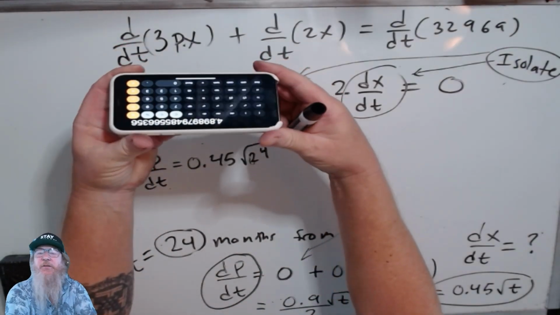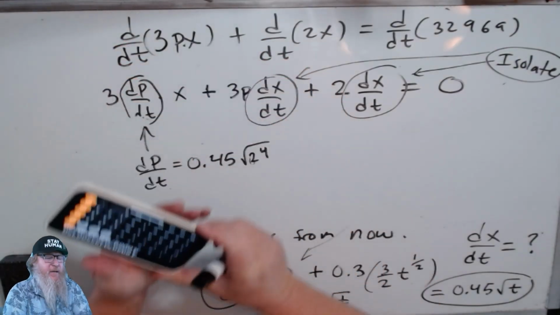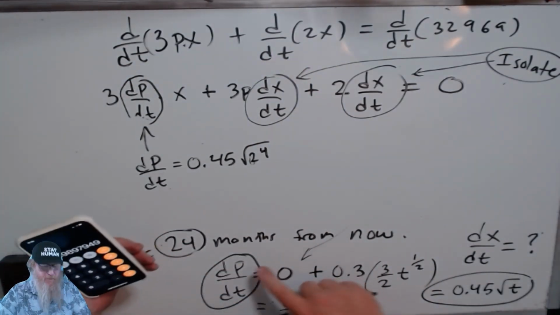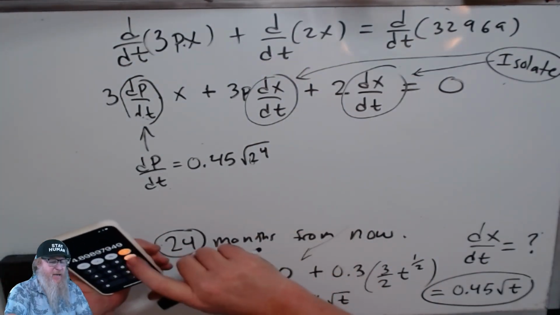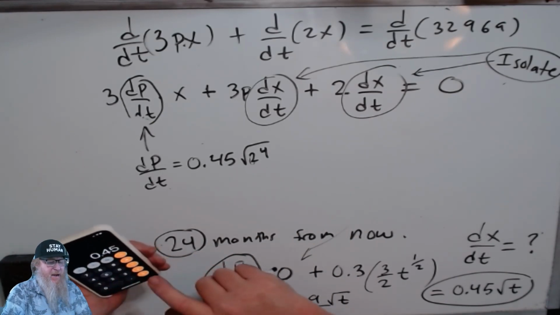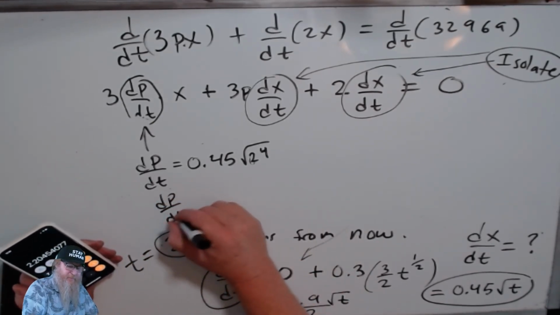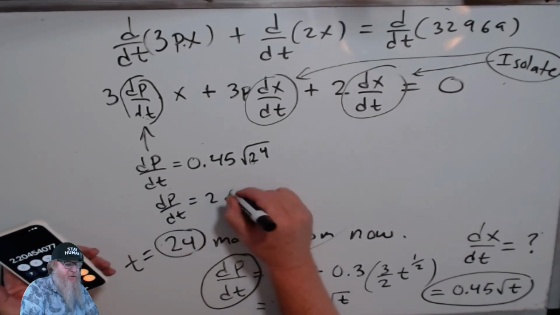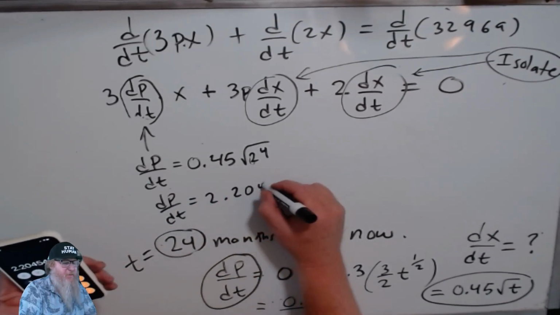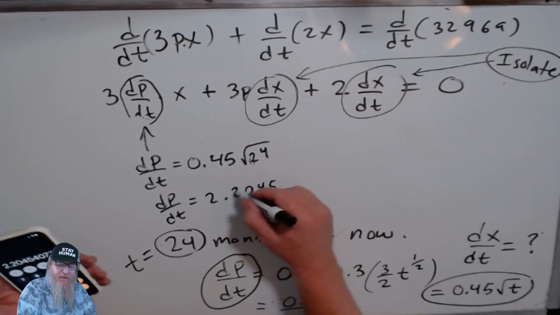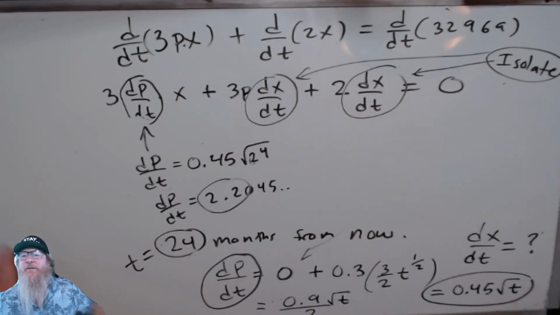I was hoping it was the square root of 25 months, would have been nicer. But the square root of 24 months times 0.45 gives me 2.2045. Probably just get away with 2.2.